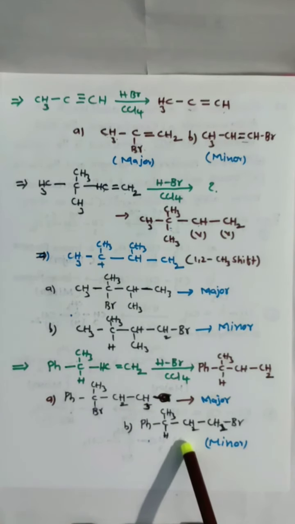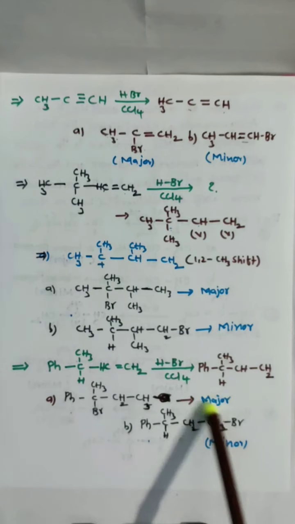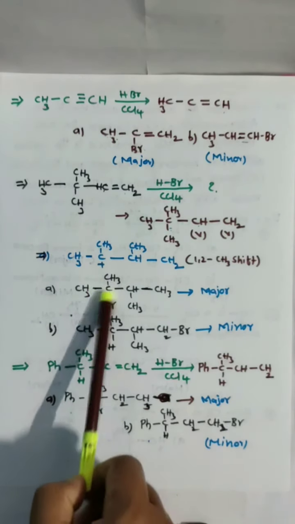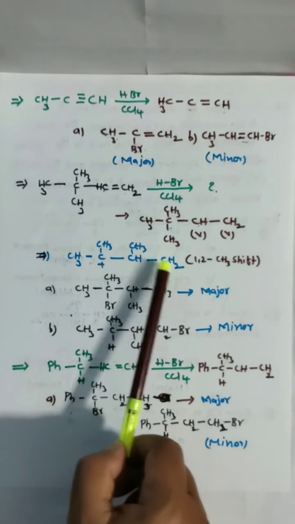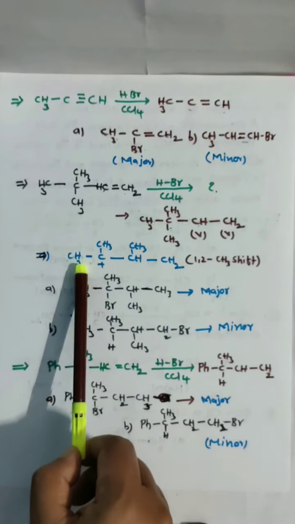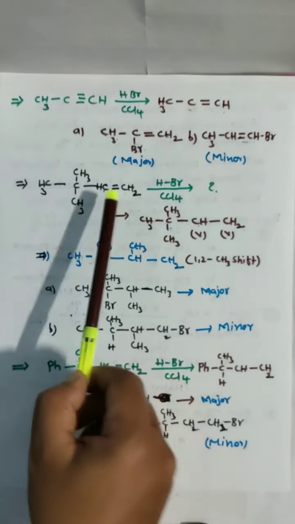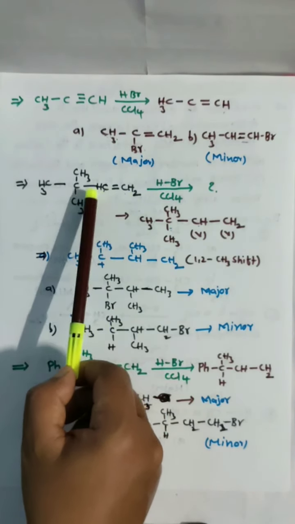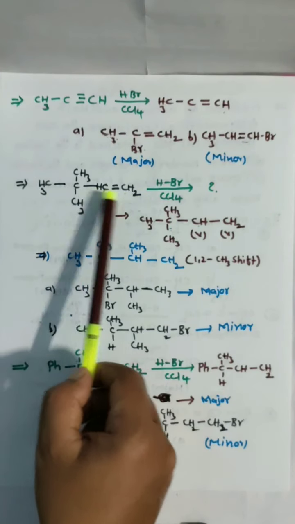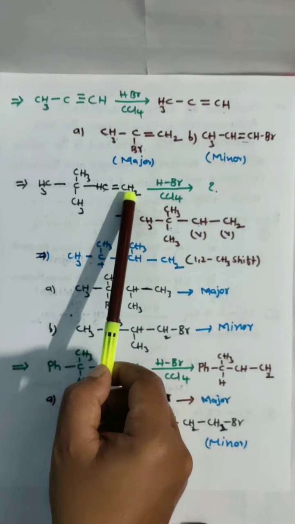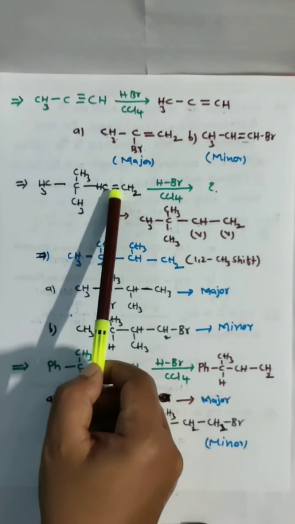And here the same. So in the given reactant you have to address the possibility of a carbocation, whether 1 degree, 2 degree or 3 degree. Do not simply break the double bond and put bromine here and hydrogen there. You have to see the possibility of formation of a carbocation.